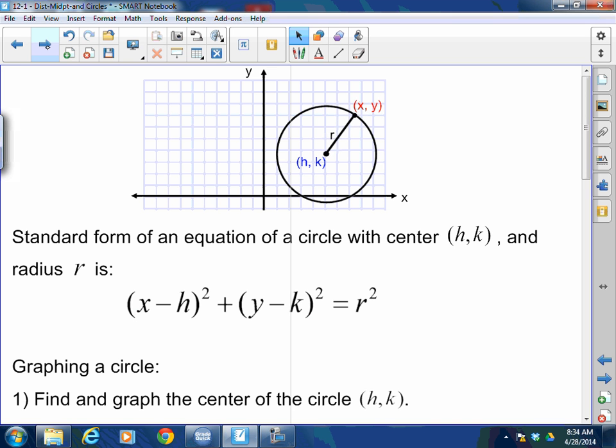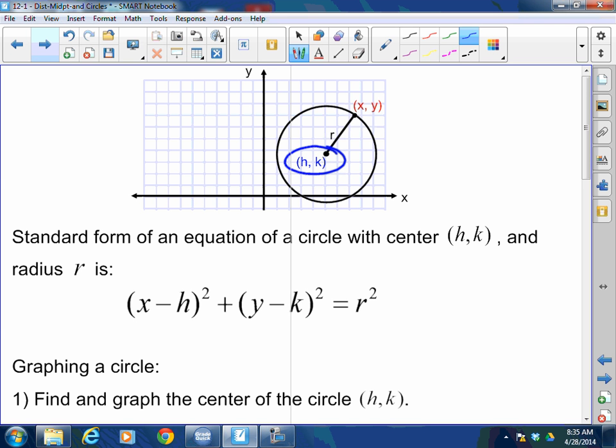When we're looking at a circle, I want you to realize that you're going to have a center. This center is (h, k). We have seen h and k before, haven't we? H affects the graph by shifting it left or right. It's an opposite motion. If it's x minus 2, you go to the right 2. If it's x plus 2, you go to the left 2.